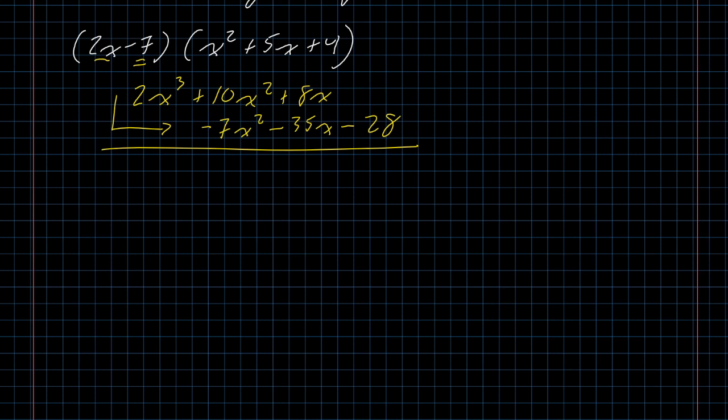And as we look at bigger and more complicated expressions, that becomes more important. All right, but we've got 2x cubed. We've got plus 10 minus 7, which all told is plus 3x squared. We've got plus 8 minus 35, which all told is minus 27x, and then we've got minus 28.